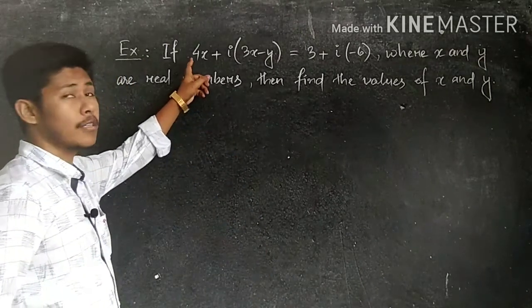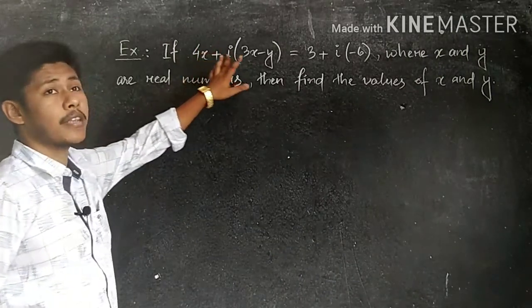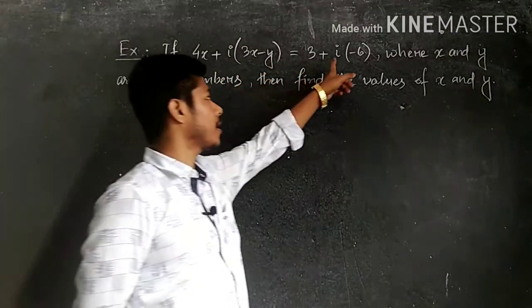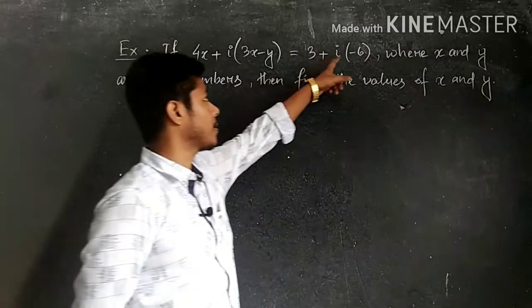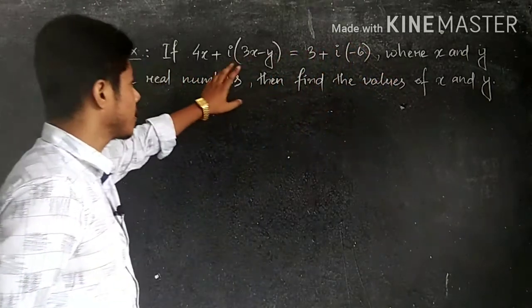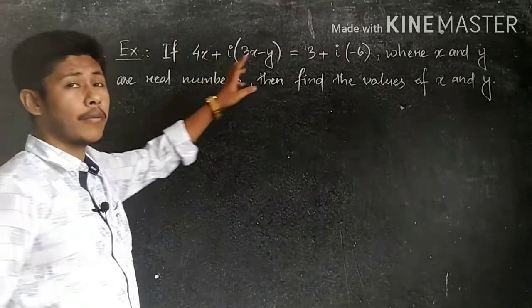First of all, the left side is a complex number because i is there, so it is of the form a plus ib. Similarly the right hand side is also a complex number, 3 plus i(minus 6). We have to solve this and find the values of x and y.